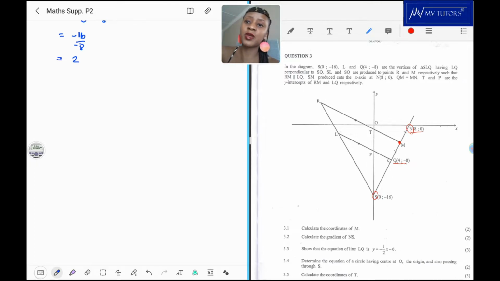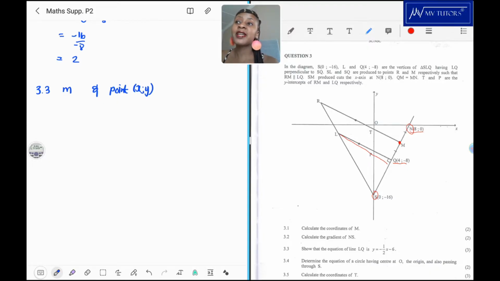Okay, so this is where LQ is. If you want to write an equation, I normally say you need a gradient first of all, and you need a point. If you have those, guys, then you're good to go. All right, so LQ is actually perpendicular to NS.